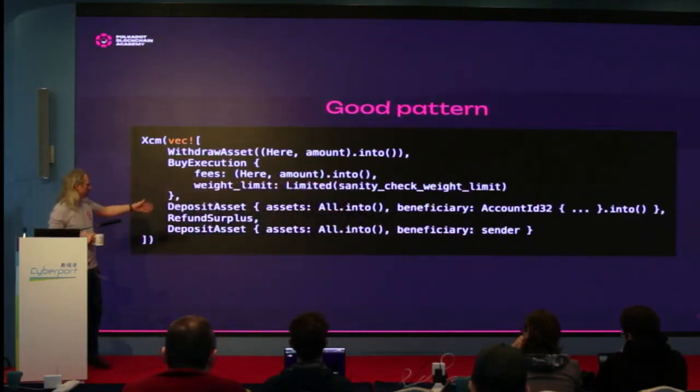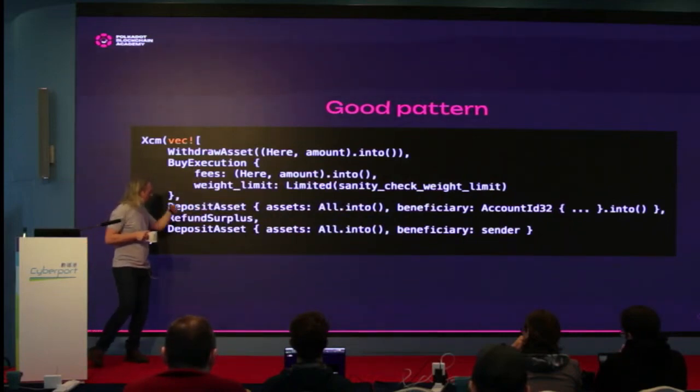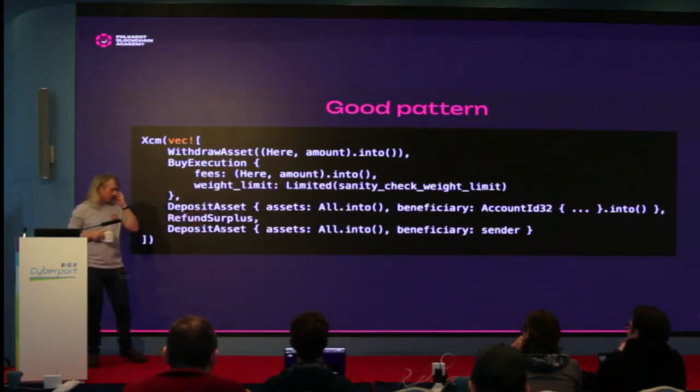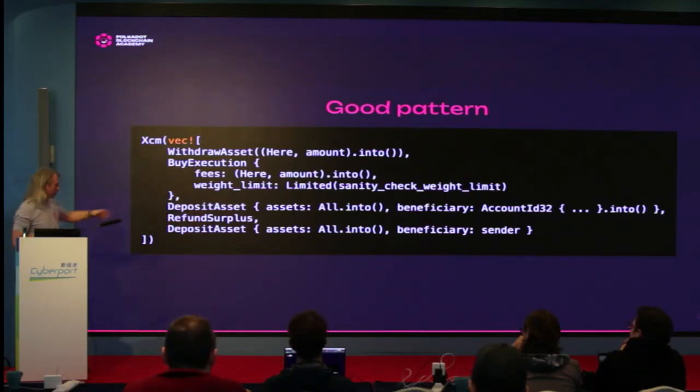Because maybe we sent what we wanted to, we got some left over, so everything that's left over we put back in our account on the destination chain. Still, we control it, so we can presumably get it back again at some point.